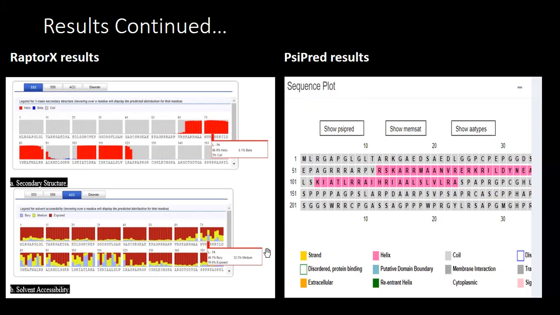Yellow is strand, pink color is helix, and someone looking for extracellular activity of amino acid, that will be orange color, and someone looking for disorder or protein binding site, which will be white. Different colors show different formation and secondary structure.